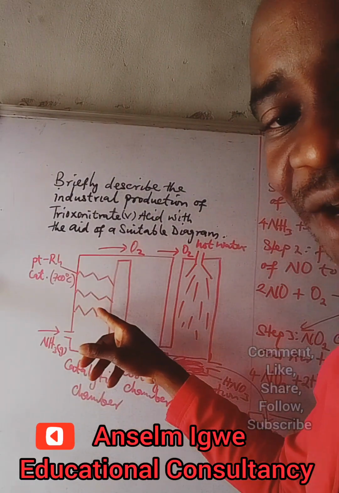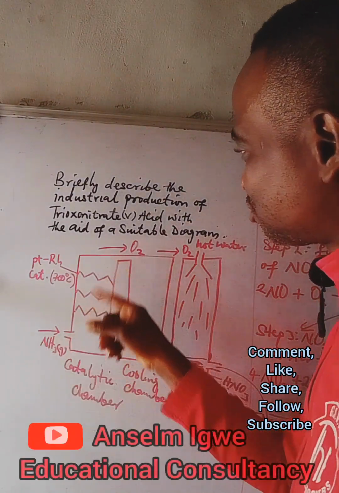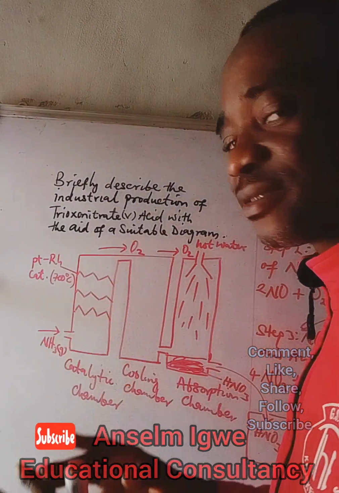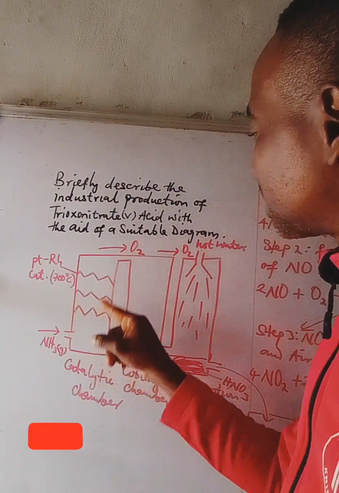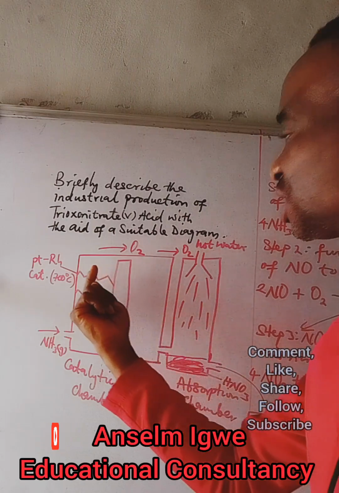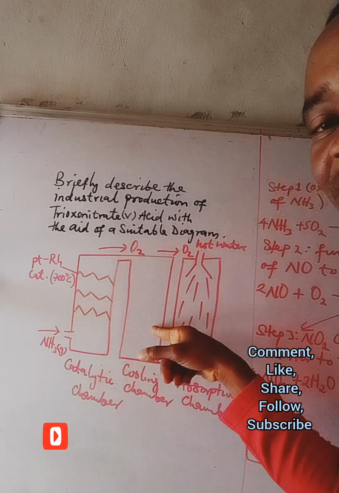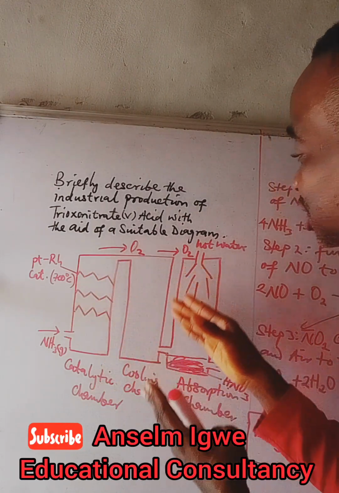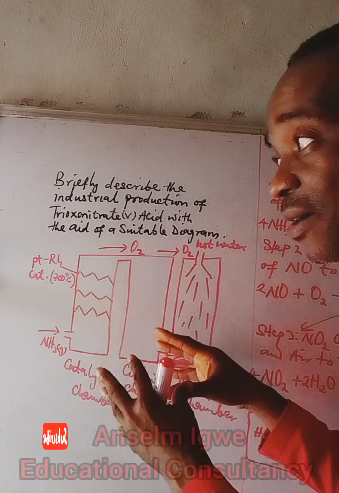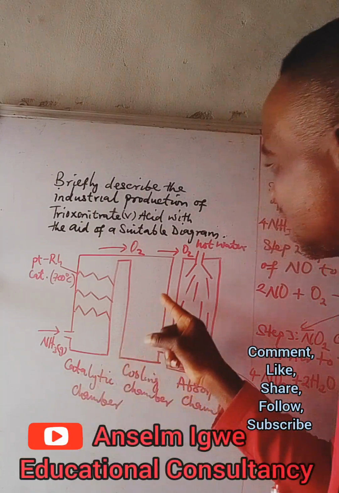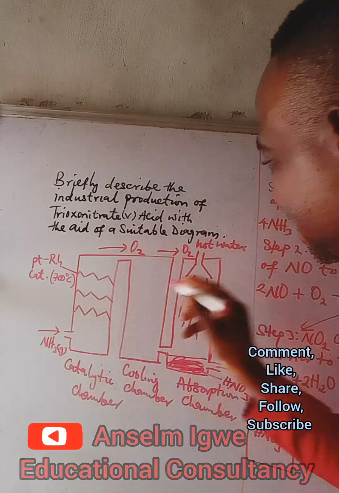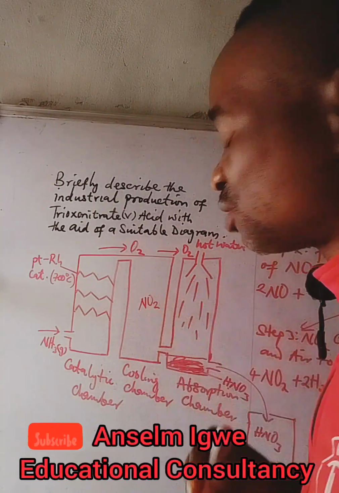In the catalytic chamber, ammonia is meant to, under a catalyst and 700 degrees Celsius, react with oxygen in the air to form nitrogen 2 oxide, which diffuses into the cooling chamber. In the cooling chamber, it is meant to cool down and react with more air. It is called further oxidation. And when that happens, NO2 is formed, nitrogen 4 oxide.